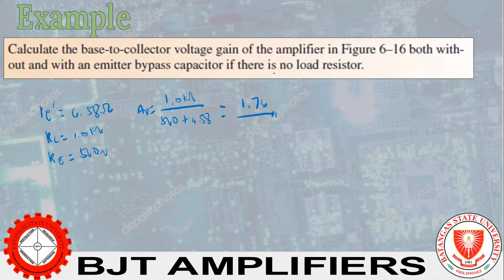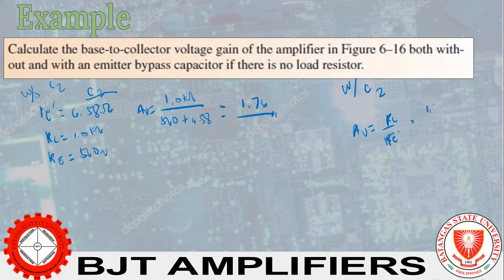So yun ay kapag walang C2. Okay? Kasi hindi siya mag-short yung RE natin. So ito, without C2. So pag may C2, so we have AB lang is RC over RE prime.